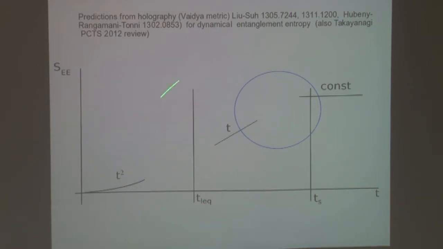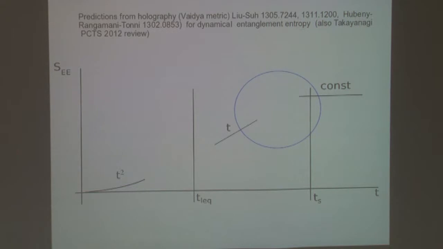I have taken this schematic from a paper by Hong Liu, but there are reviews also and so on. I'll give the literature after the talk. I didn't have the full extensive list here. So this is the region of approach to thermalization, and there are these two time scales.